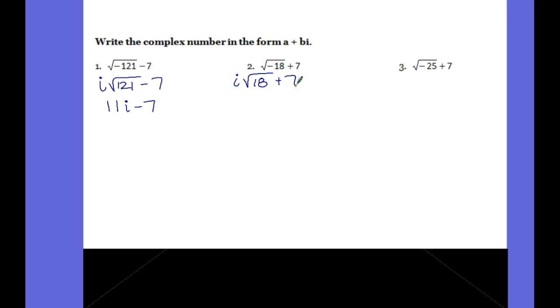So the square root of 9 is 3. What was left behind when we took away the 9? 2. So it becomes 3I square root 2 plus 7.